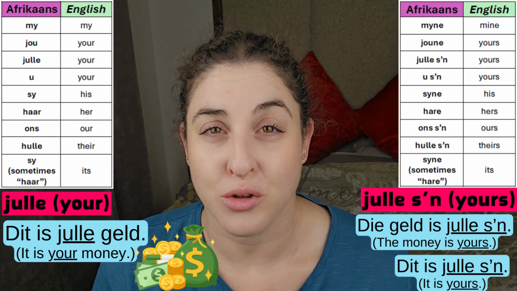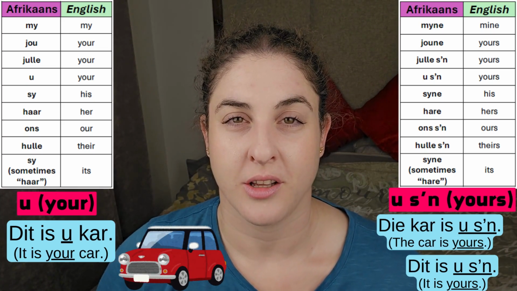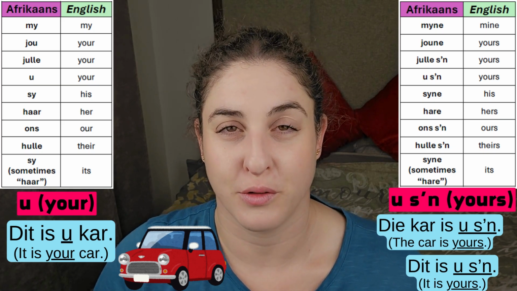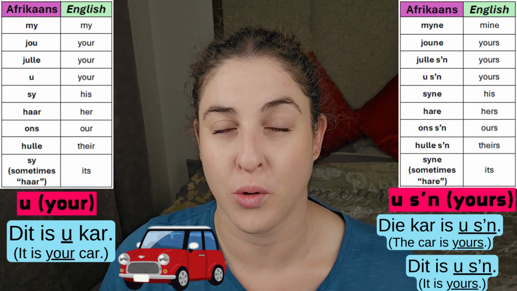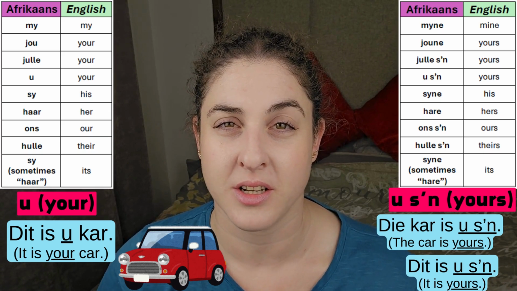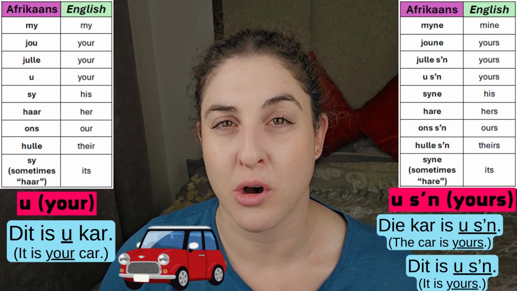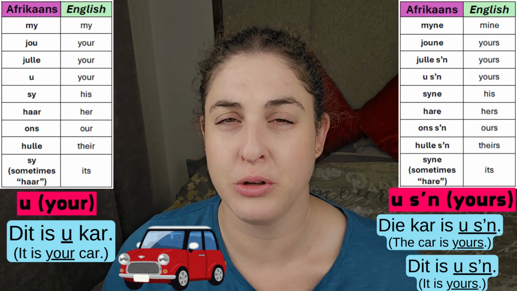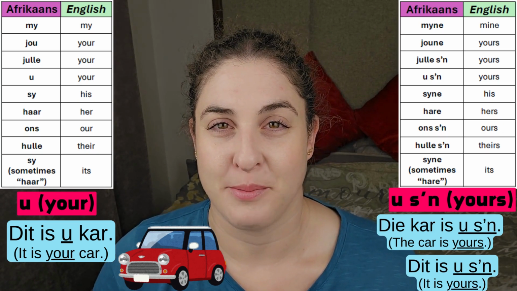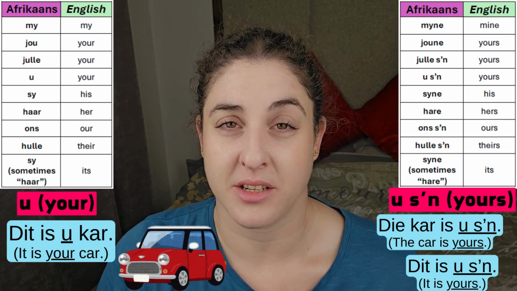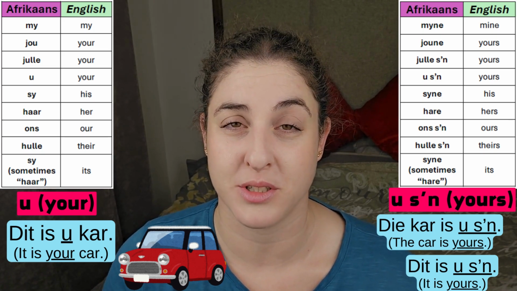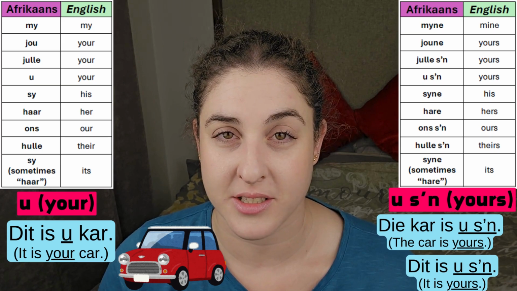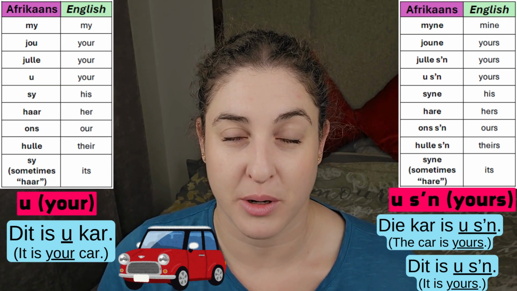It is yours. "U", the Afrikaans honorific version of your, when you want to address an older person, a boss, or somebody in a very formal setting, you use "u", in the subject position, in the object position, as well as the possessive pronoun position.